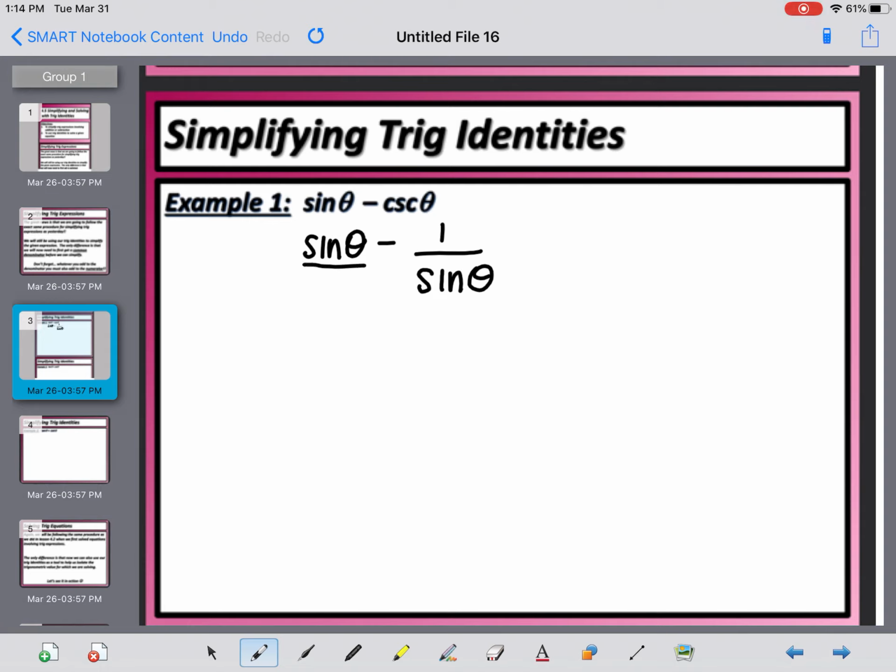So if I put this over 1, I can now make a common denominator of a sine. So over here, I'm going to make sure that I multiply top and bottom. Okay, and again, you want to show all of these steps, show the common denominator that you're trying to make and what you're multiplying to the top and the bottom.